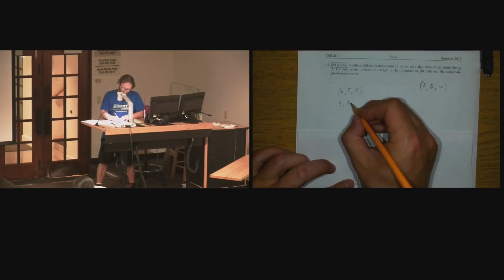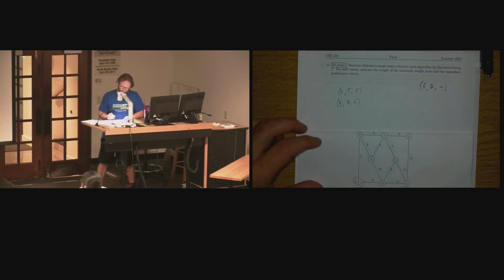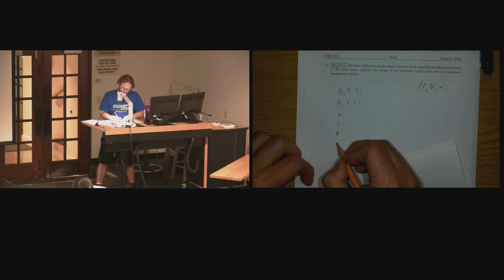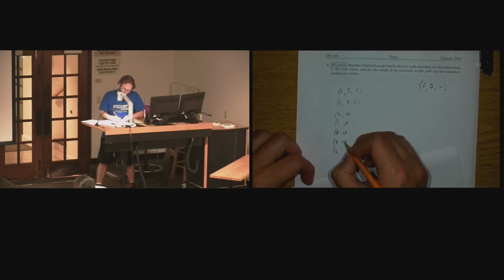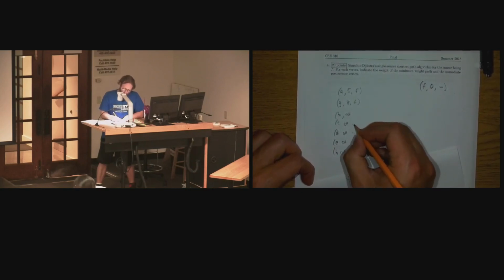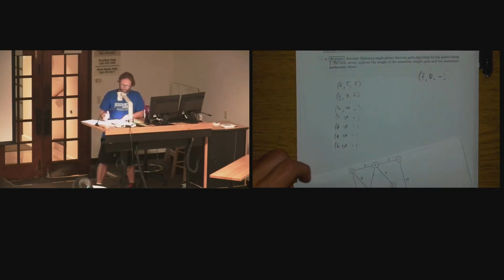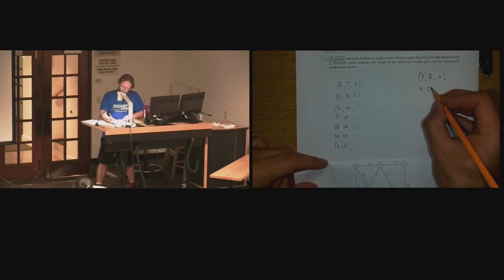G with a cost of 8 with a predecessor of F. And the rest of these are all going to be infinite. So A, B, C, D, E, F is already done. G, H, yep. Infinite, infinite, infinite, infinite, infinite. There's my heap.